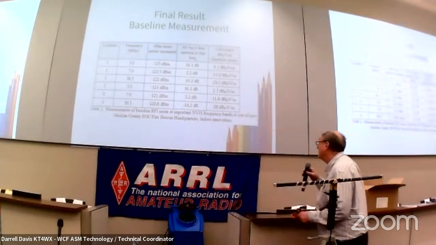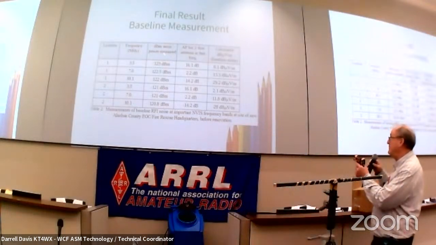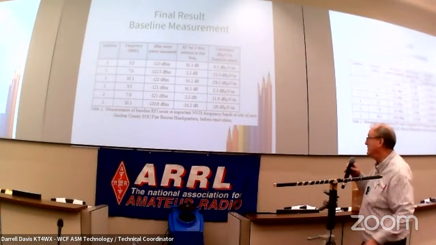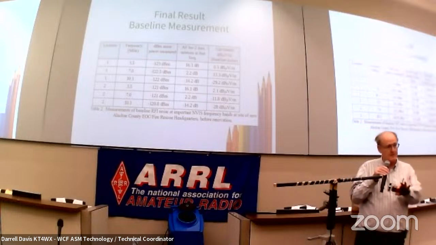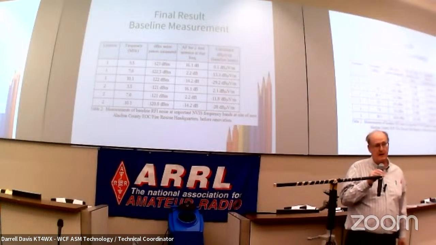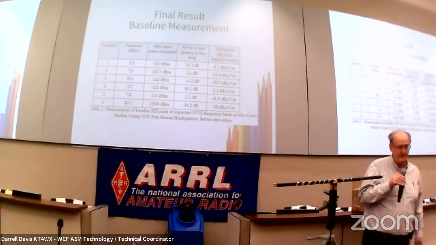So the dBm measurement comes from the spectrum analyzer. And all of these were just slightly higher than the baseline noise of the spectrum analyzer. You always have to set the spectrum analyzer and measure what your noise floor is on the analyzer itself. And thankfully, I could get down there.